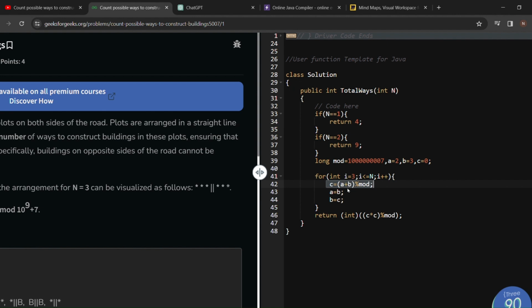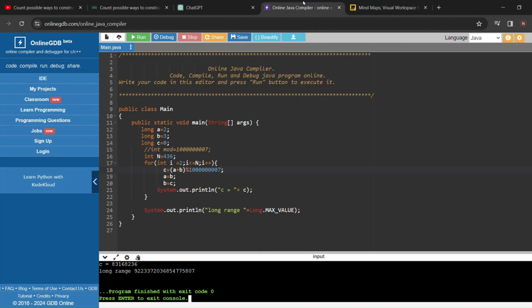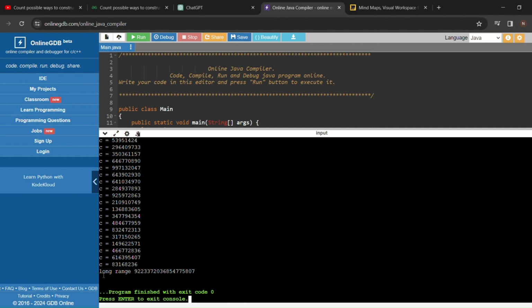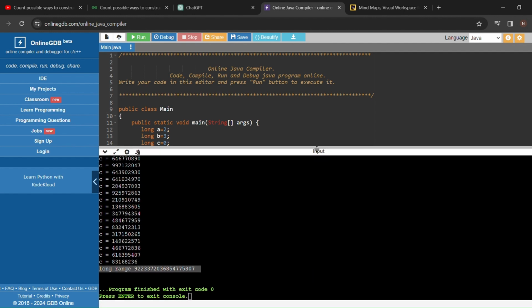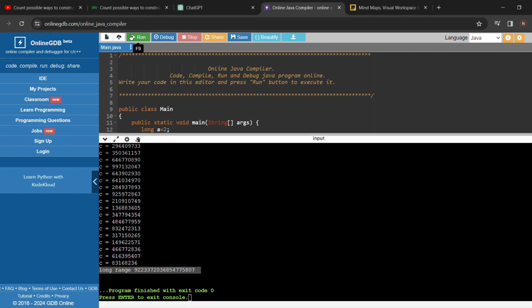If you don't use the mod, then the problem comes that you can see the range. This is the range of long. If you don't use a mod, then you are going to lose a lot of data, or you are going to see wrong values or incorrect answers from the compiler.